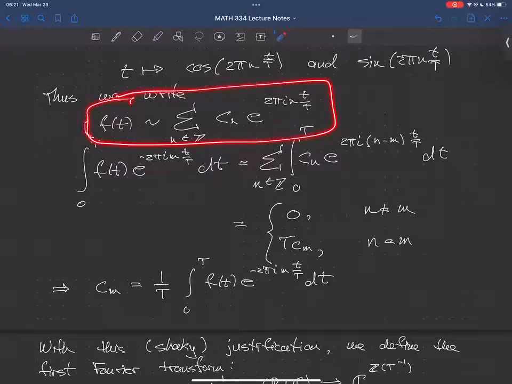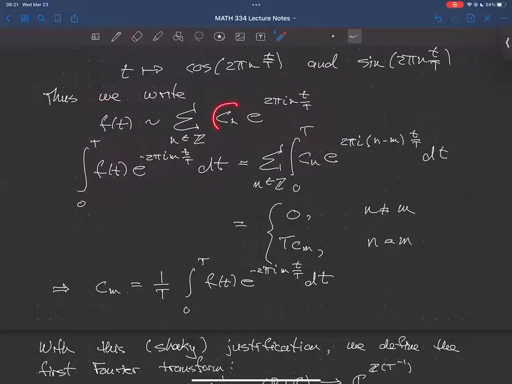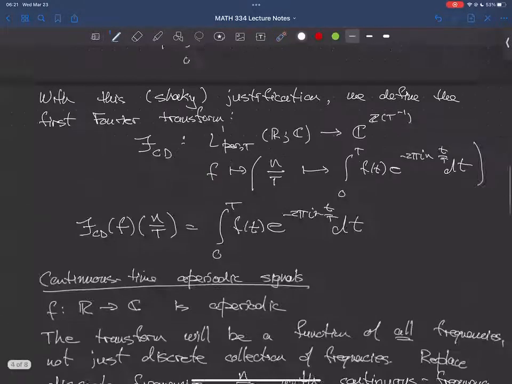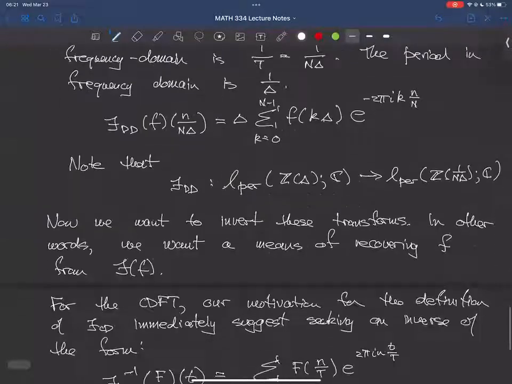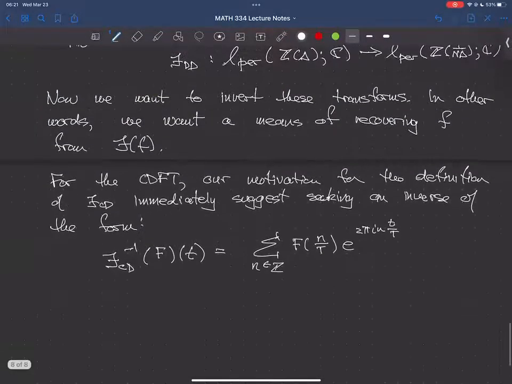Okay, so in other words, what I'm doing is I'm taking capital F to be the thing which at n over T is that. Okay, but there's this little factor of 1 over T that I have to take care of, but that gets taken care of automatically here because, as I've said in Fourier theory, whenever I have a sum, like I do here, I put the sampling interval out front. And so there's my 1 over T. So it kind of shows up automatically by my rules, right?